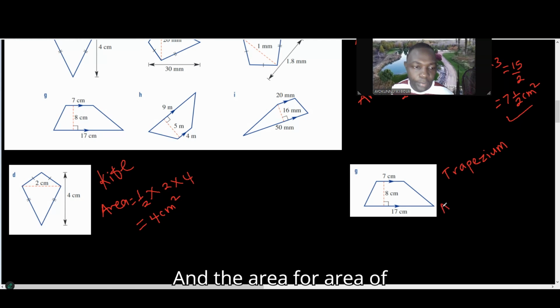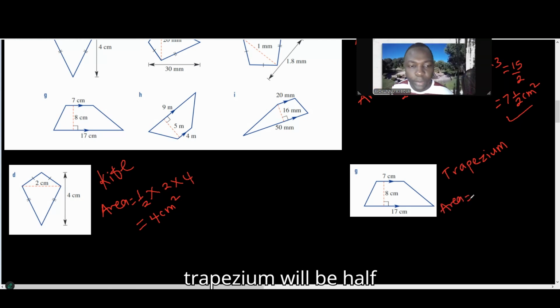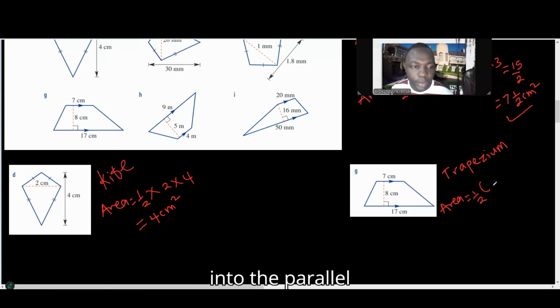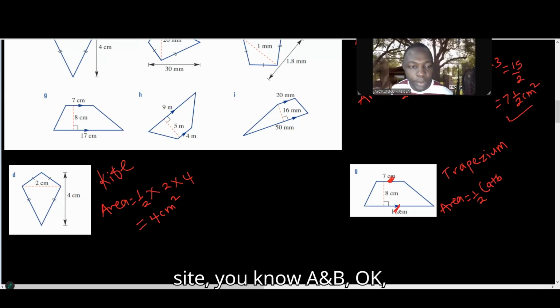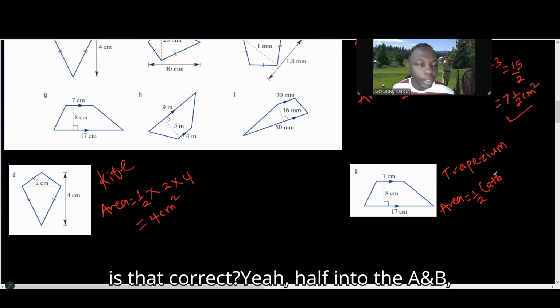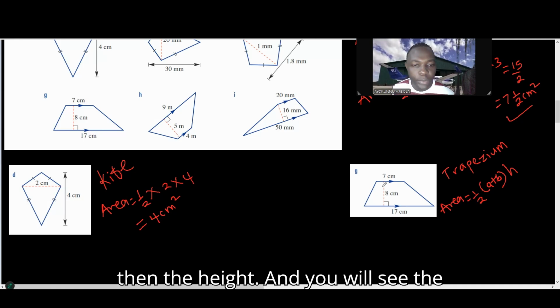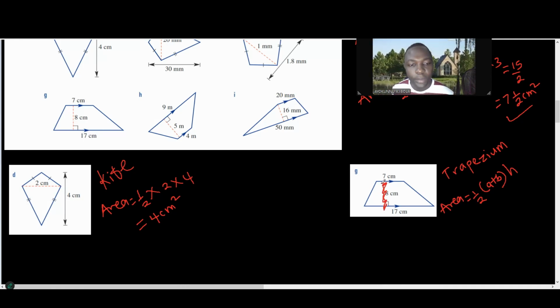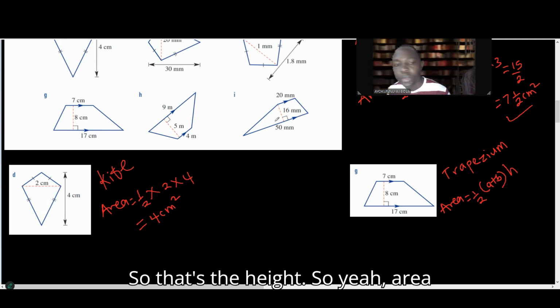The area of a trapezium will be half into the parallel sides, A and B, then the height. And you will see the height has been specified here. So that's the height.